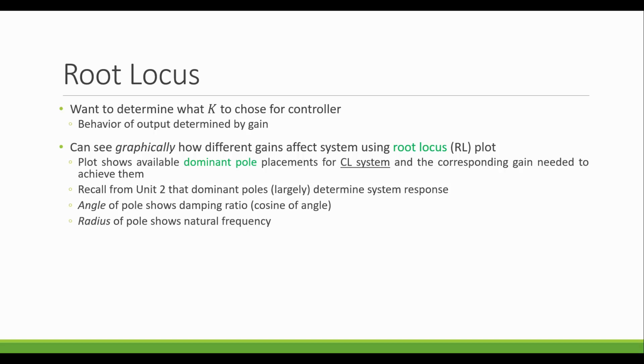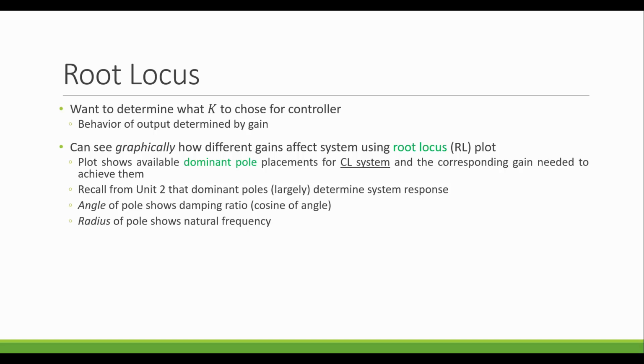So the root locus is looking at the dominant pole placement. And we know that if we know where that complex conjugate pair of poles are, that determines the natural frequency, that determines the damping ratio, and those things determine the performance of our system.